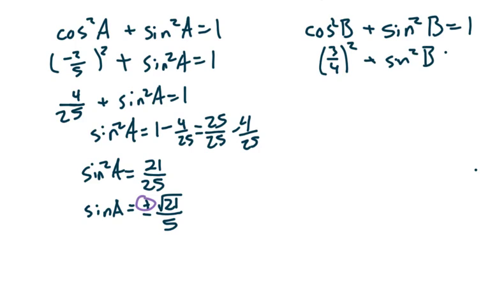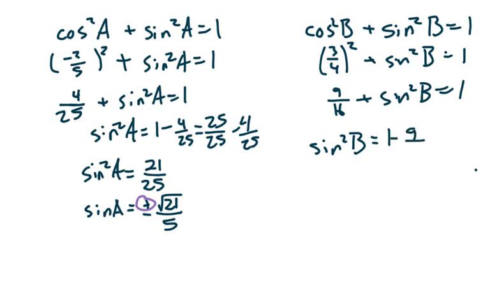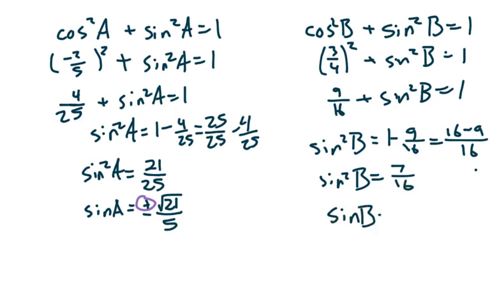And when we square it, we're going to get 9 over 16. And when we subtract that from both sides, we get sine squared of b equals 1 minus 9/16, which is 16 minus 9/16. Sine squared b is equal to 7/16, and we take the square root of both sides. Sine of b is plus or minus the square root of 7 over 16.